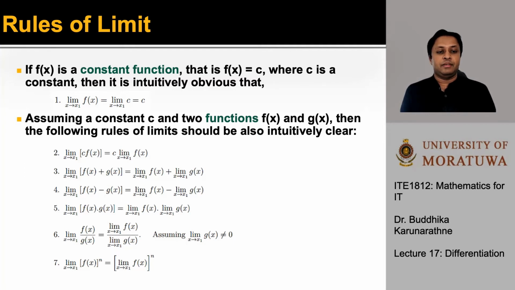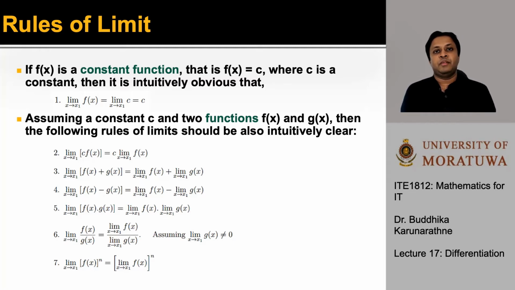In division, what you see is in point number 6, a special condition that the divisor, the g(x) function in this case, should not be equal to 0, otherwise it will not be defined. Otherwise this equation would be meaningless. So in number 7, you see the power. How does the limit behave for power functions?